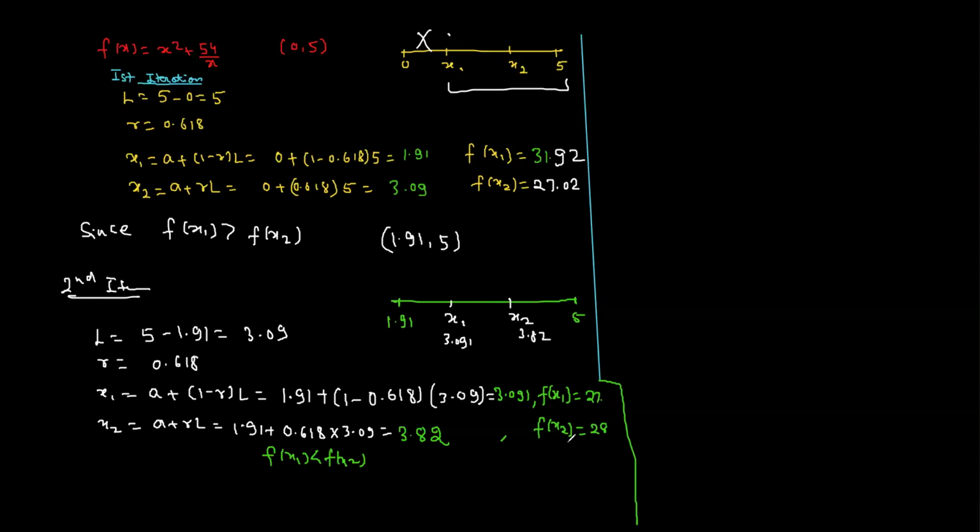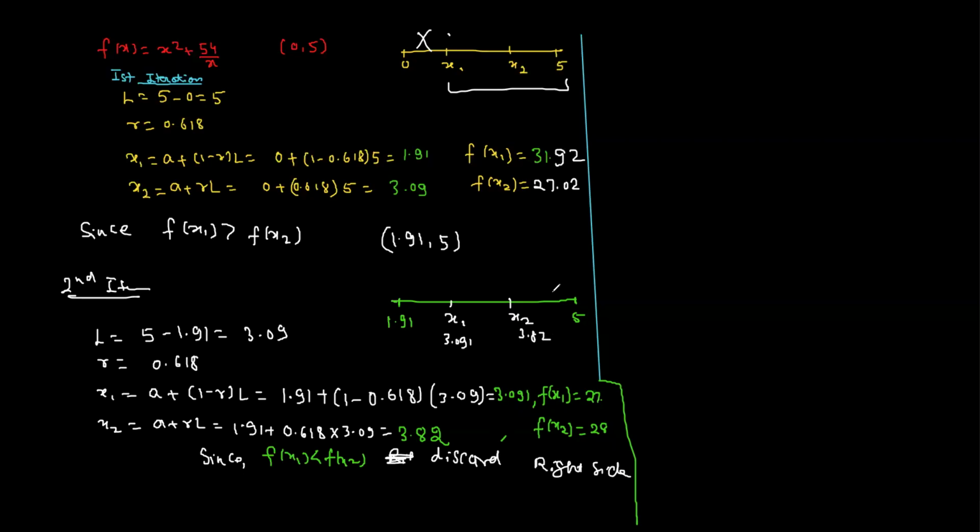Now you can see fx2 is greater, so you will discard this part. Only discard the right side.